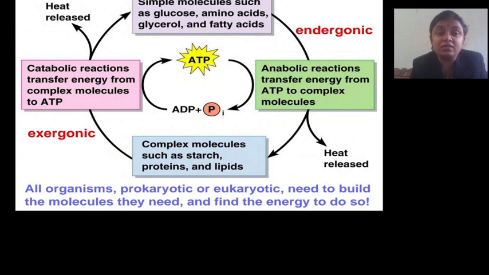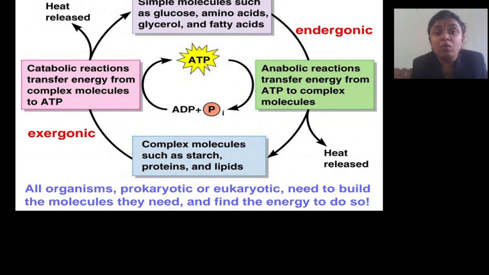The catabolic reactions are exergonic reactions. Some part of the energy in catabolic reactions is released or lost as heat, while the major part of the energy released during the catabolic reaction is trapped for the formation of ATP.